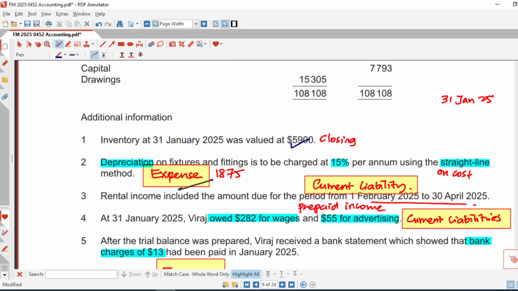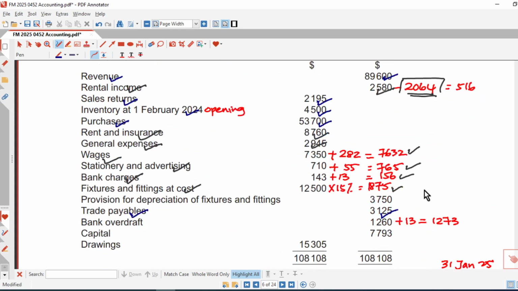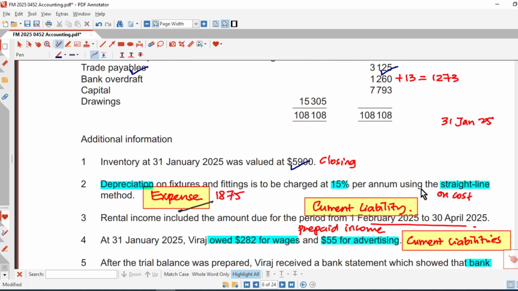What's the next current liability that you see? The bank overdraft, right? Okay, but I'm going to keep the bank overdraft for last. Let's go in the order of the least liquid to the most liquid.